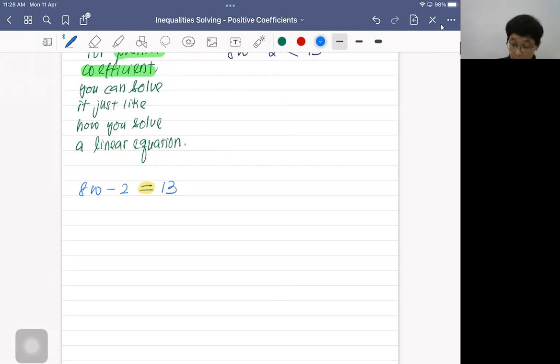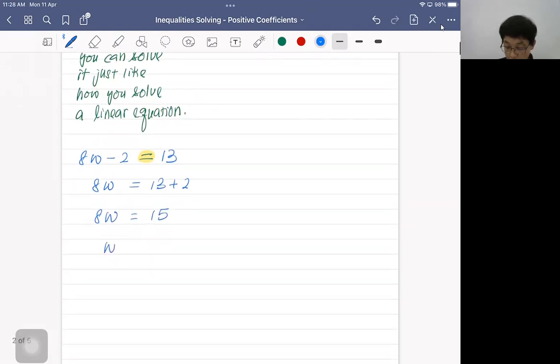We will add 2 to both sides to give us 8w equals 13 plus 2. Then you get 8w equals 15. Then you divide both sides by 8, which gives you 15 over 8. You solve this into a mixed number: 15 divided by 8 gives 1 with a remainder of 7. So that's how you solve an equation.